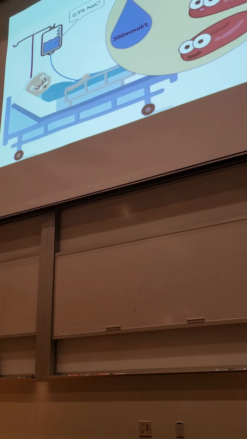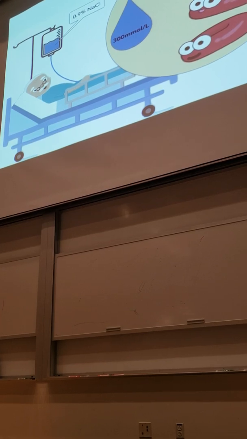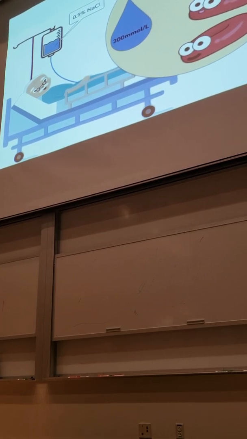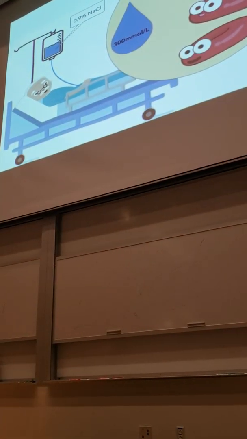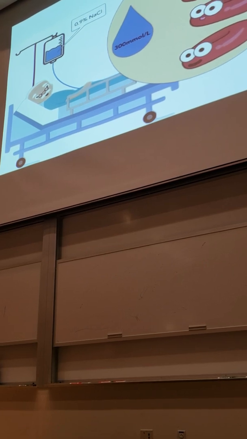This is an approximate number, okay? If you're a good student, you'll remember 300 millimoles per liter. Okay, we could also say 300 milliosmoles per liter. Same thing. Okay, so blood plasma has 300 milliosmoles. You need to remember that. Okay. If you're a really good student, you'll know it's about 295, not 300.